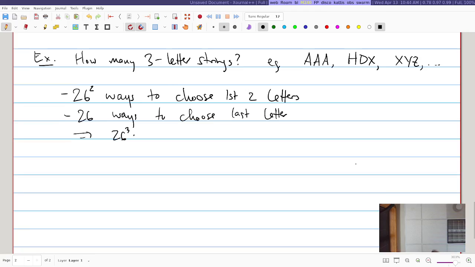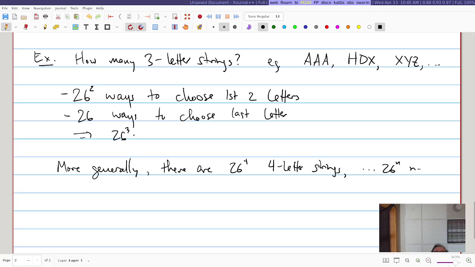But in general, I think this example shows that we can generalize the product rule to any number of choices. If I have a whole bunch of choices and they're all independent, I just multiply all the numbers together. So, more generally, you could say there are 26 to the fourth 4-letter strings, and 26 to the n n-letter strings.